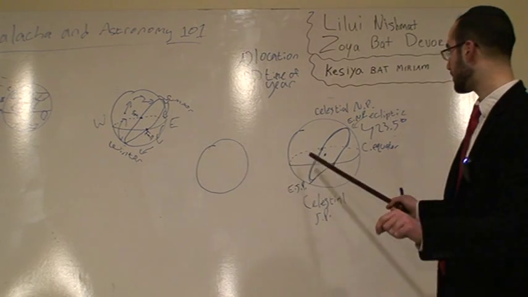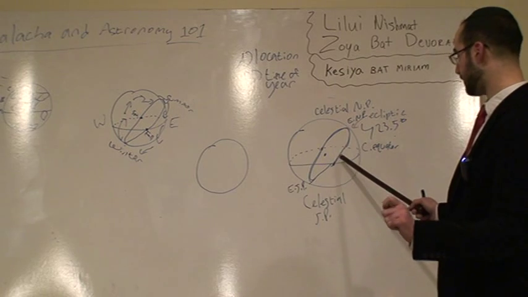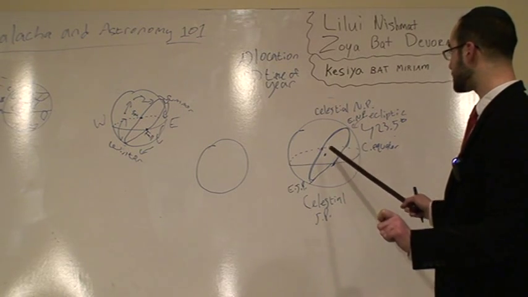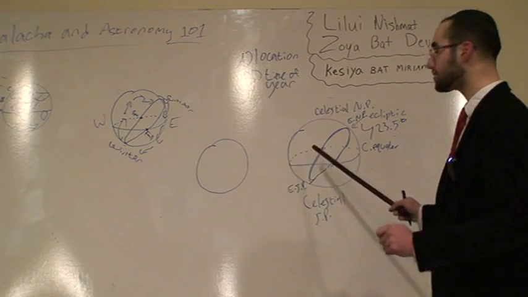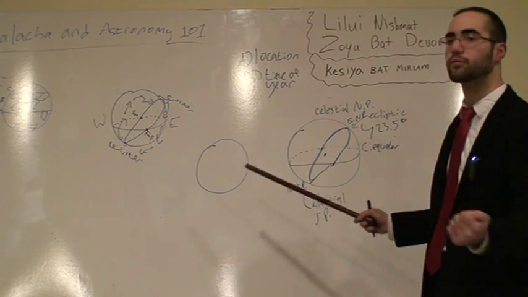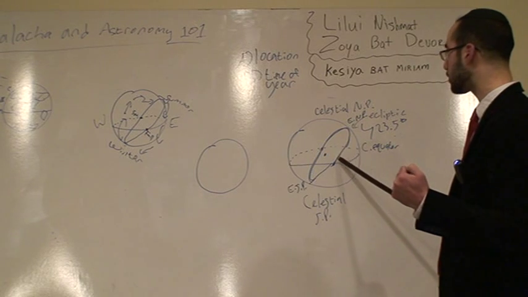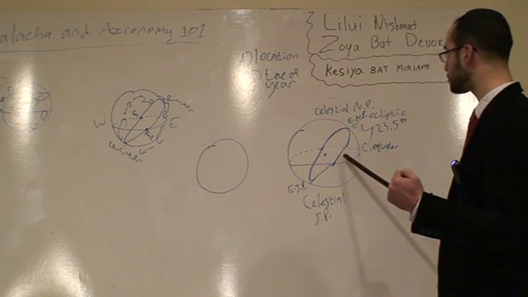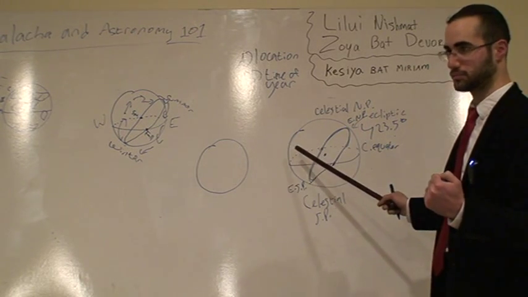Since that's the case, and we say that at this point, since it's at the center, it travels fastest, therefore the time between Shkia and Tzedek HaChavim will occur fastest during the spring and the fall months.